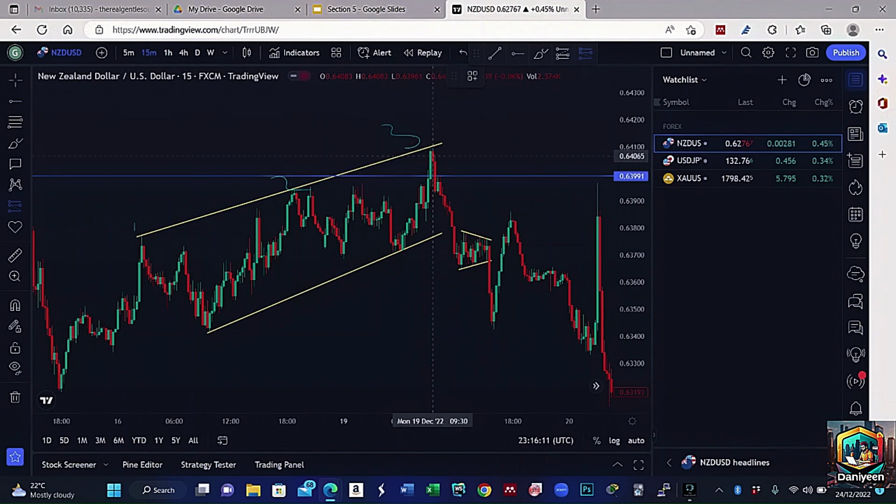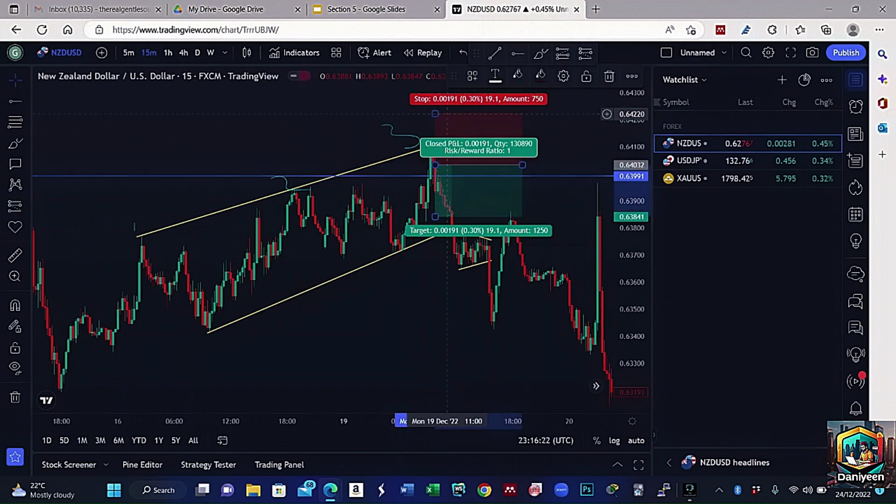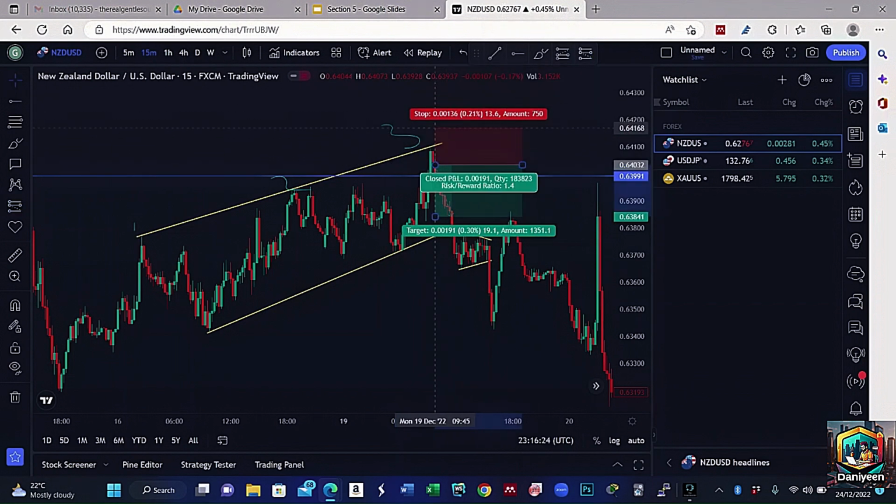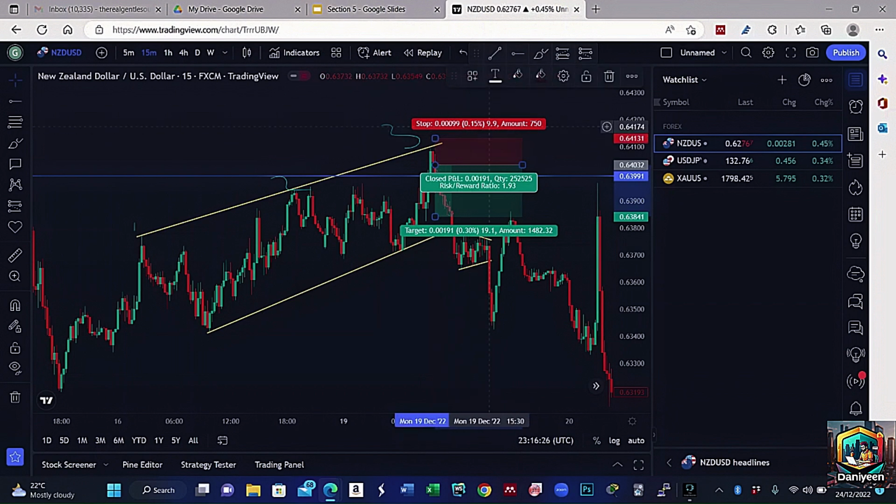You can see after the third touch, there is a bit of a reversal here. So when the candle closes, you can enter and then set your stop loss above the structure. You can see our stop loss here is 9.9 pips.